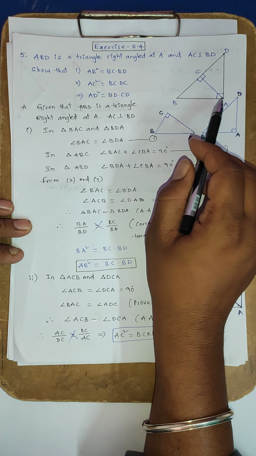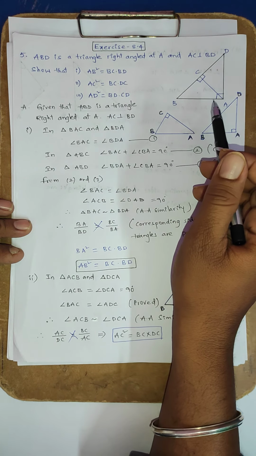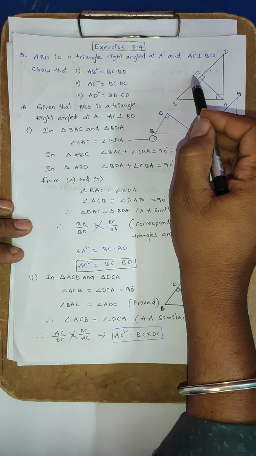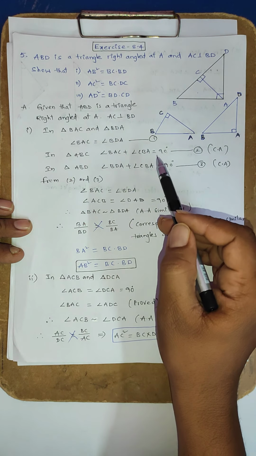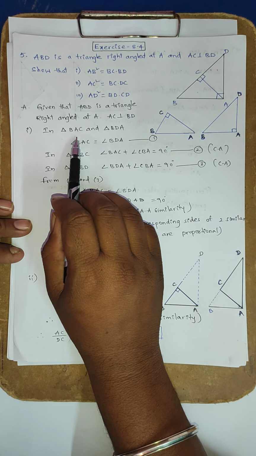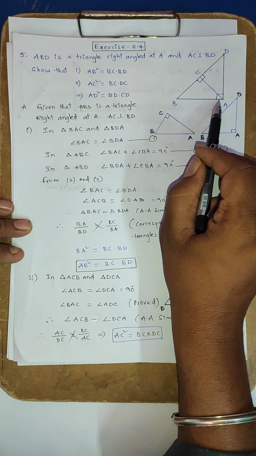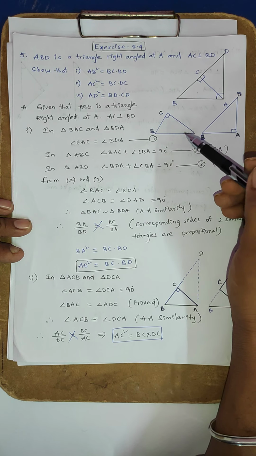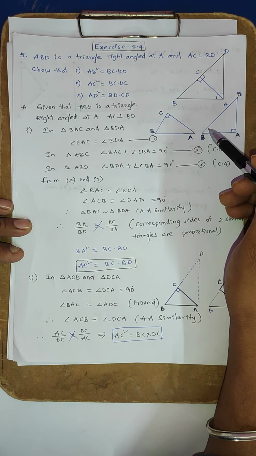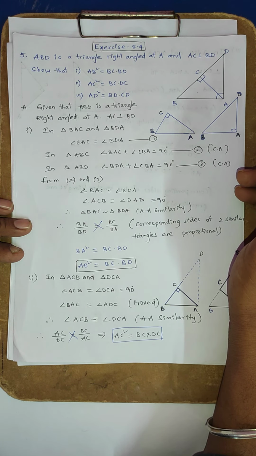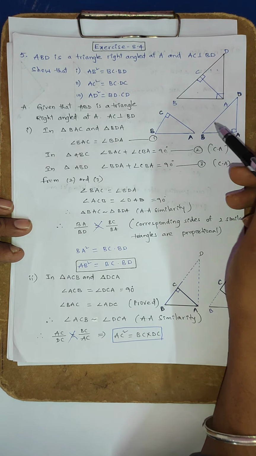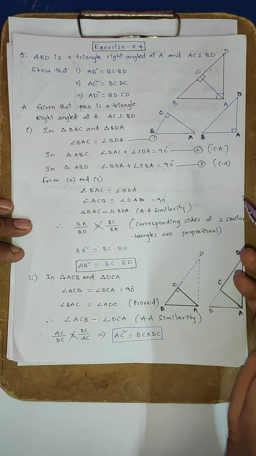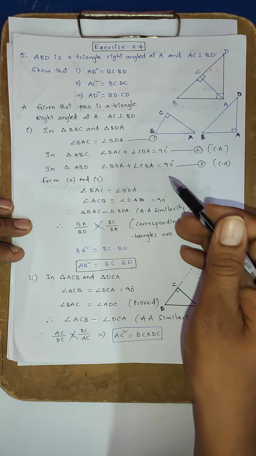Given that ABD is a triangle, right angle at A, AC perpendicular to BD. In triangle BAC, for our understanding's sake, I drew separate diagrams. No need to draw this type of diagram during the examinations.